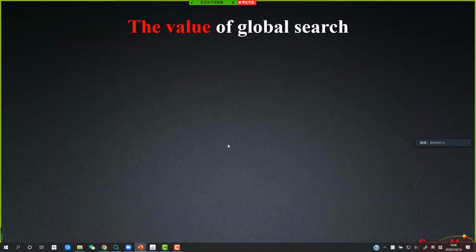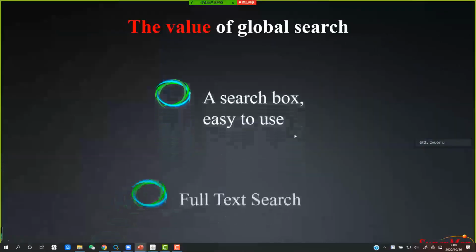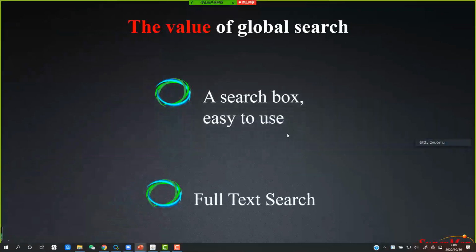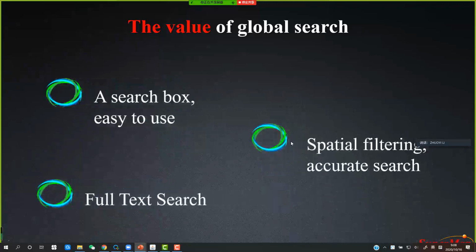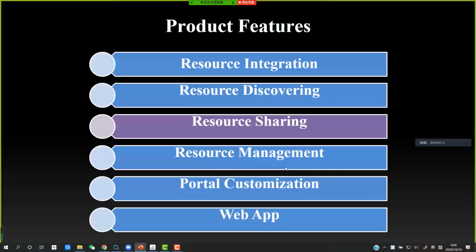What is the benefit of the search box? It's easy and simple to use, and it has full text search. No matter which spatial data, which field, or which attribute information, it can be searched. The third is spatial filtering, which is an accurate search.